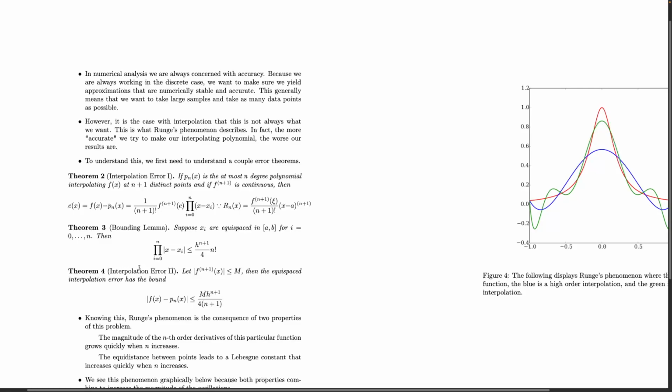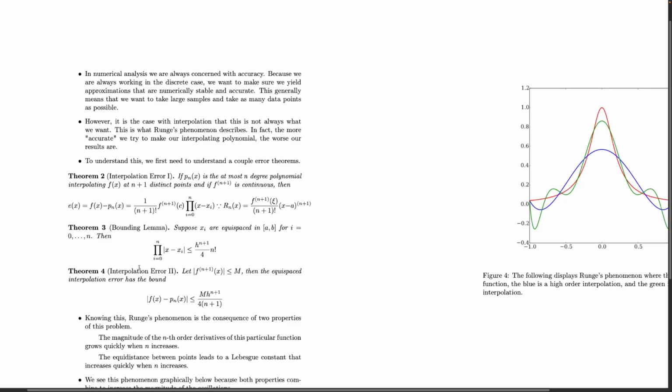So to understand this, I first wanted to mention some error theorems that are important to mathematically describe how Runge's phenomenon happens. The first one is what I just called interpolation error 1.